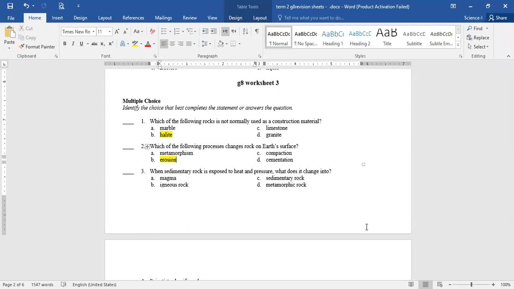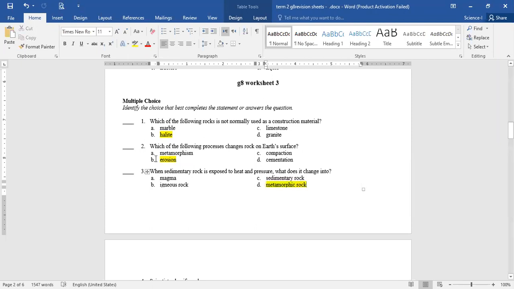Okay, Farah, please share with us. Okay, Hala, yes? Magma. No. Here, heat and pressure, what is going to happen? Okay, we said that once they melt, they will change into magma. But any kind of rock that is exposed to heat and pressure will change into, yes, Farah? Yes, D. The metamorphic rock, good.